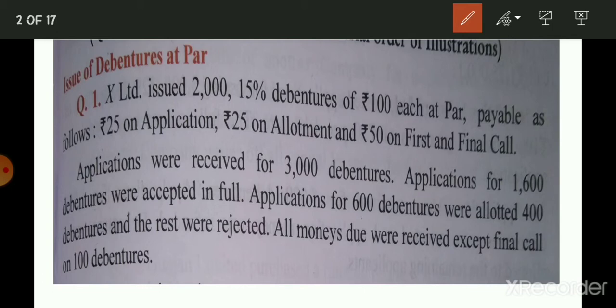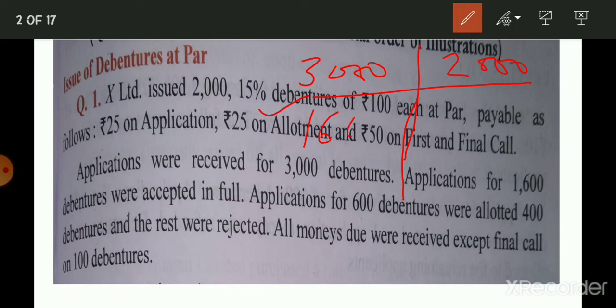As we received applications for 3000, we will write here 3000 applied and the issued numbers. But on 1600 we allot full debentures, okay, not shares, because it is just like shares. So please understand, if I mistakenly say shares, it is not shares, it is debentures.